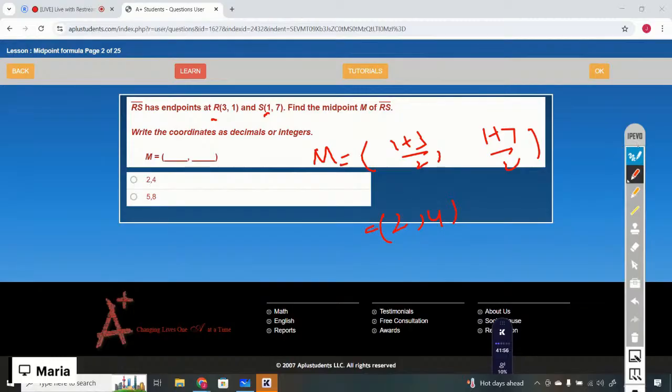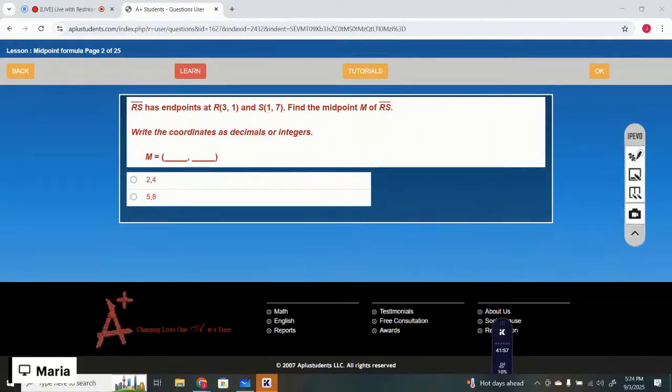The correct option is 2 and 4. Option number 1 is the correct option.